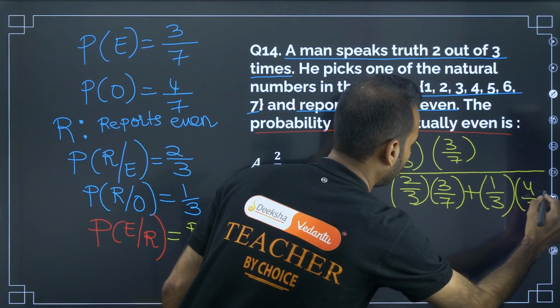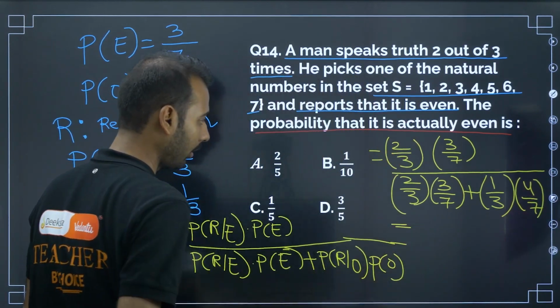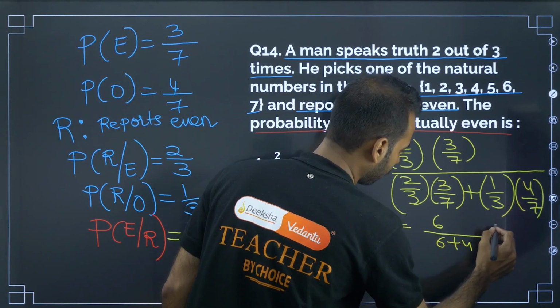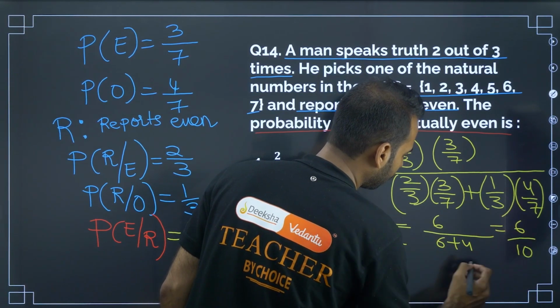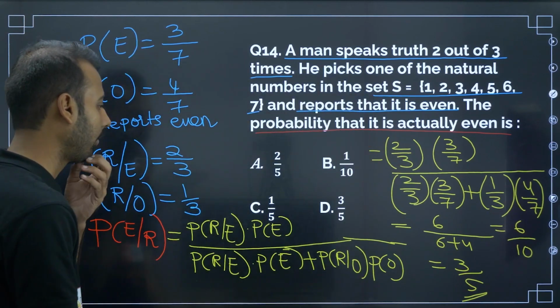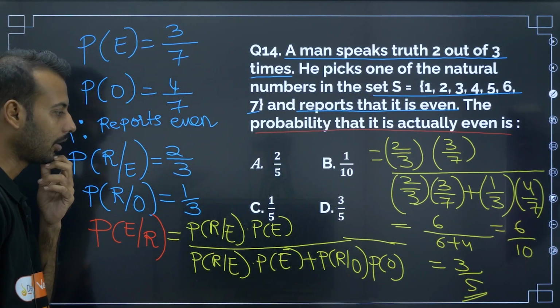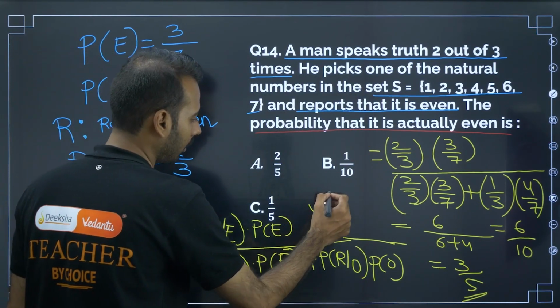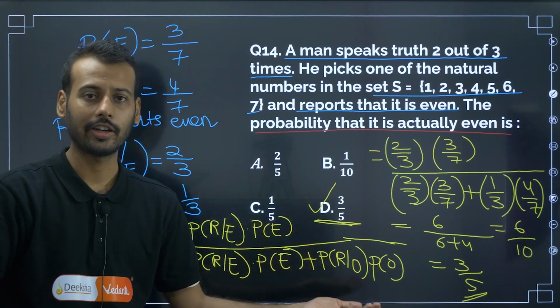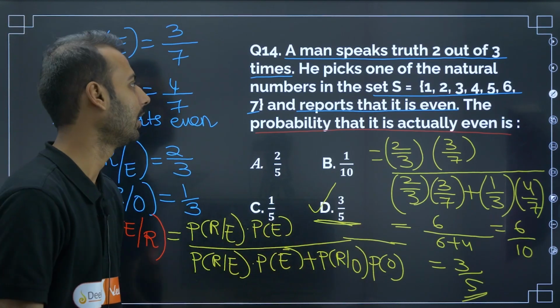If I calculate this, I am left with 6 divided by 6 plus 4, 6 divided by 10, which is 3 by 5. Is there any option like 3 by 5? Yes, D is the answer. Again, an easy question if you know Bayes theorem. If you don't know Bayes theorem, then it will be tough.